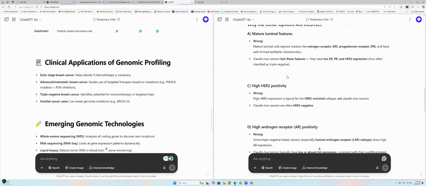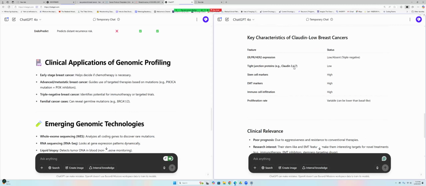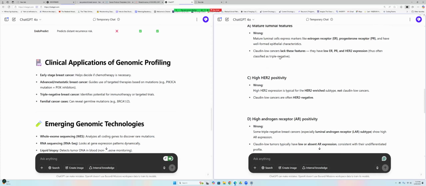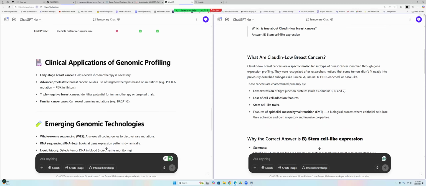Yes, because they are stem cell-like. Only maturely developed breast cells will be ER or PR positive. So these will be more or less negative. They will also be HER2 negative, and androgen receptor negative as well. So they're going to be kind of triple negative tumors. But in addition to being triple negative, they're also going to have invasive properties, EMT features and all that.